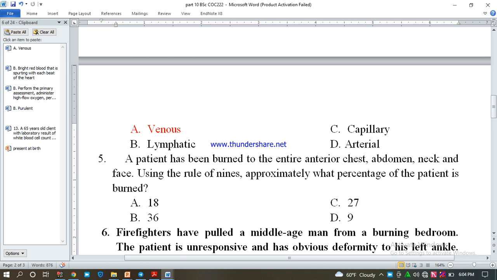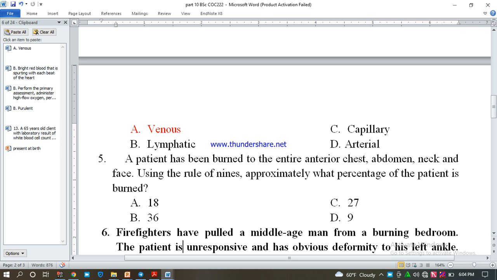For example, head and neck including face is 9%. Anterior chest is 9%, posterior chest, the thoracic area, 9%, anterior abdomen 9%, posterior abdominal part, the lumbar area, 9%.